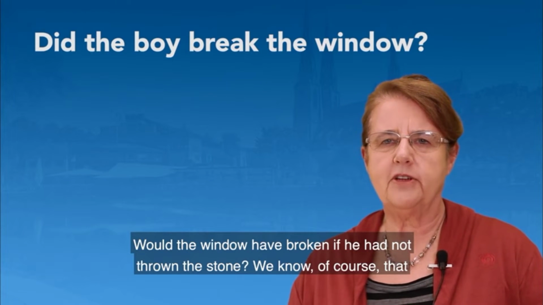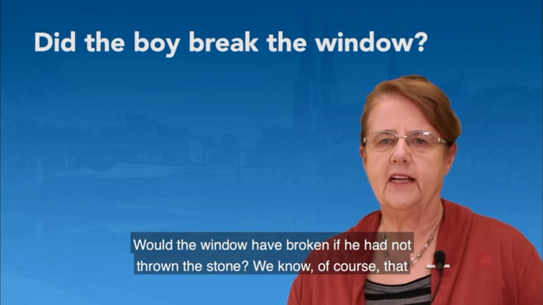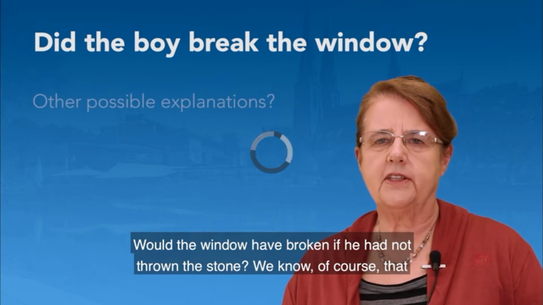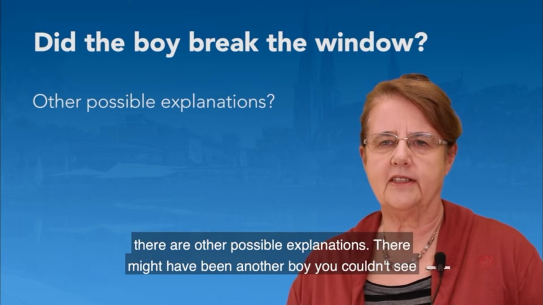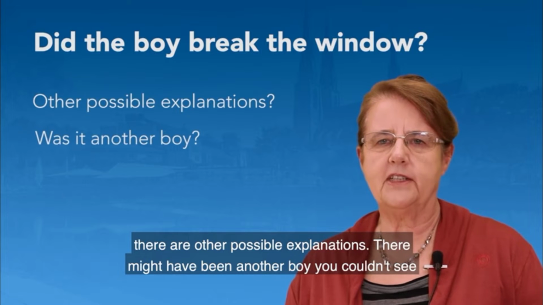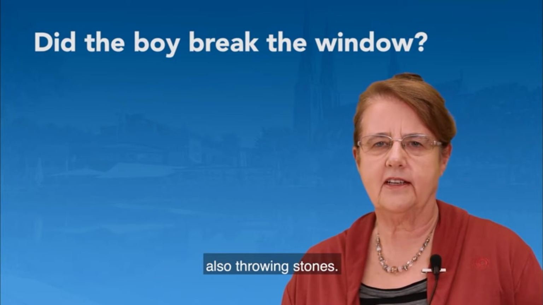Would the window have broken if he had not thrown the stone? We know, of course, that there are other possible explanations. There might have been another boy you couldn't see also throwing stones.